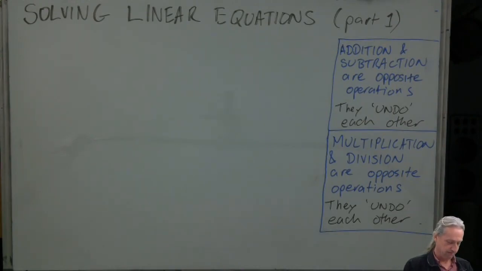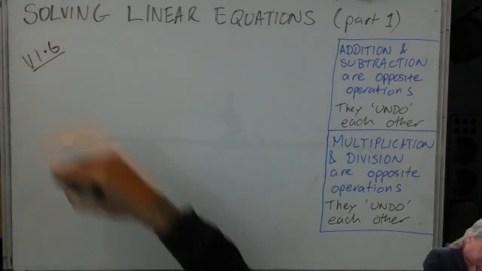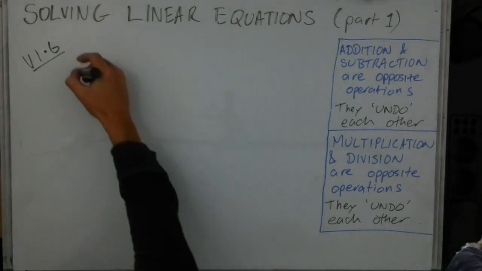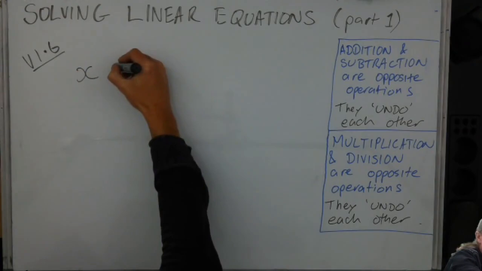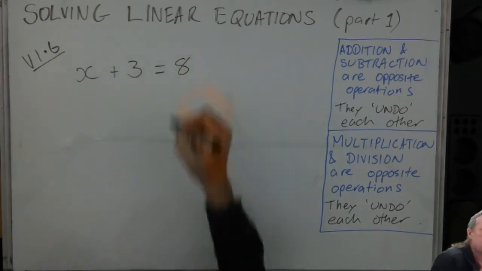Okay, so I'll just write out the first few of these. So this is the 1.6. Let's write these out. I'll do the top row. X plus 3 equals 8.